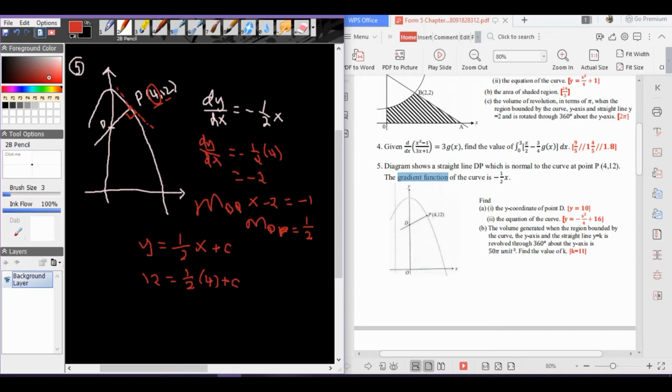So 12 minus 2, c equals to 10. y equals to 1 over 2x plus 10. And D is the y-intercept of this straight line DP. So from this equation, y equals to mx plus c, c equals to 10. Therefore, the y-coordinate of D is y equals to 10.